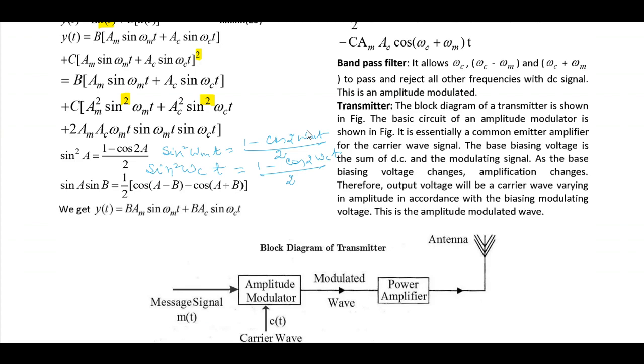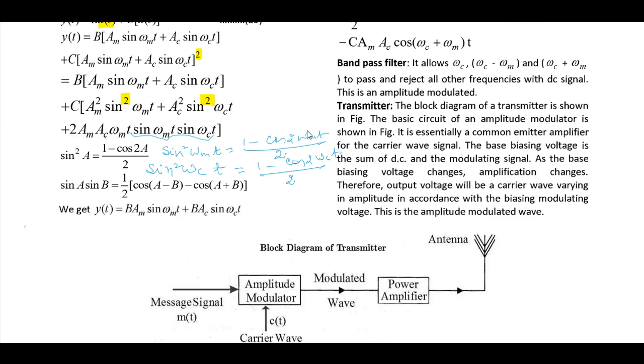And then one more formula that I shall be using is sin A sin B is equal to half of cos(A minus B) minus cos(A plus B). I shall be applying this formula on this section. This is multiplied by 2.